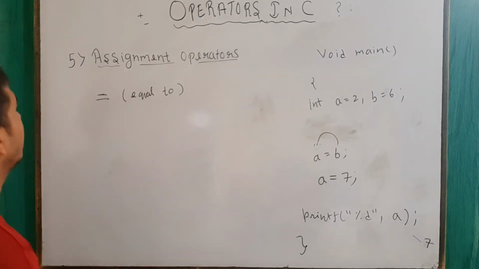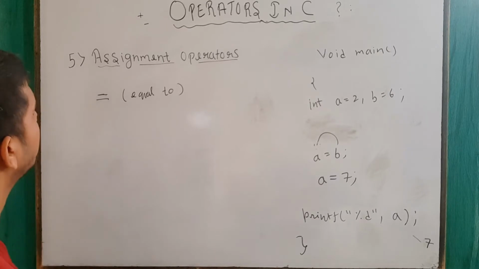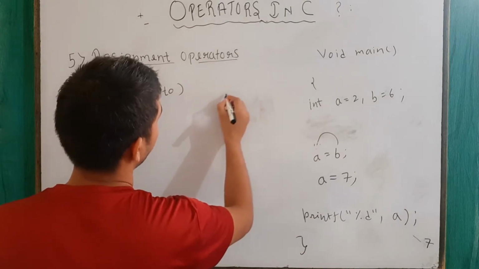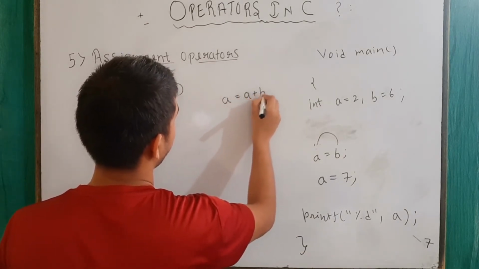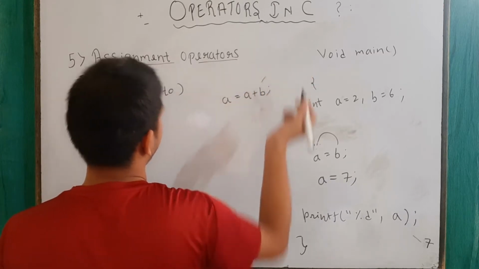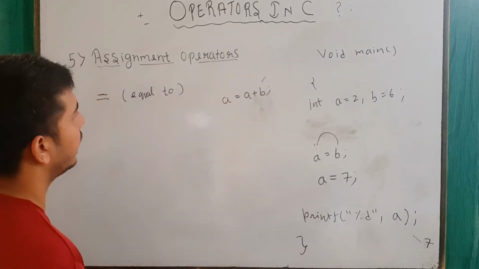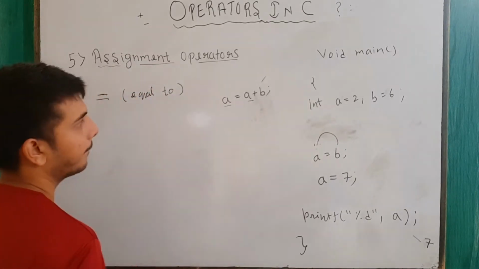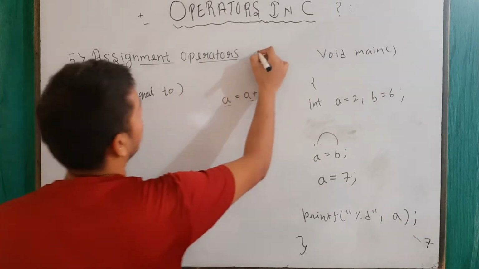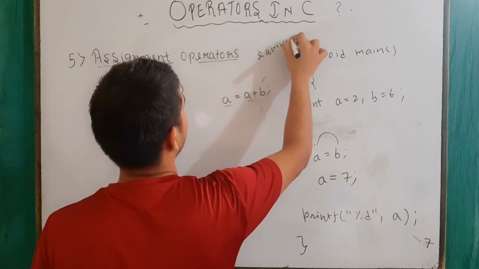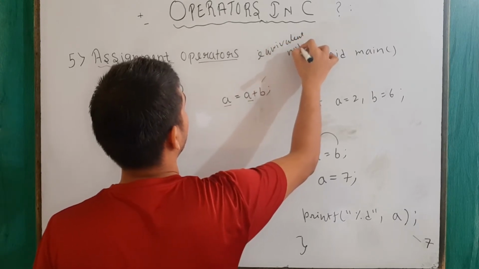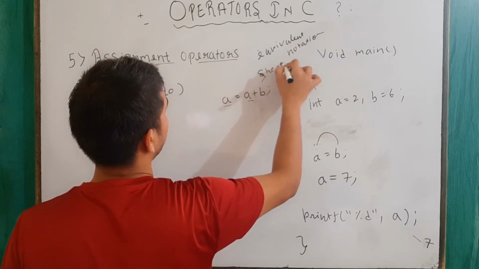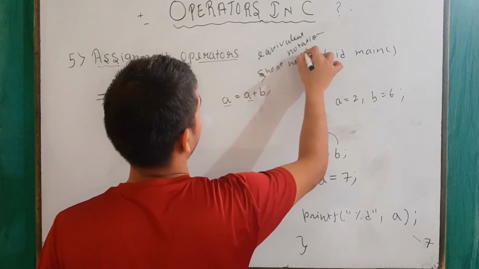Now there are various shorthand notations when we use the assignment operators. For example, if I am doing a equals a plus b, or any constant can also be there, a equals a plus 3, like that. Now when the LHS and the first operand are the same, then I can use the equivalent notation, or generally we say short notation or shorthand notation, whatever you want to call it.